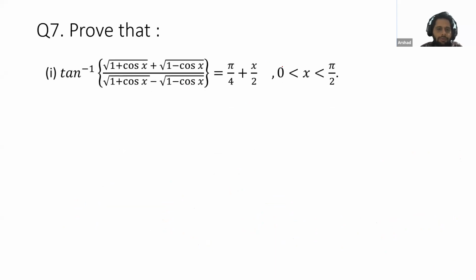Now next one. Next question is, we need to prove this one. This is equal to pi by 4 plus x by 2. So please check here, how can we prove this question? This is tan inverse. Here in the bracket, we already have the trigonometric ratio, so there is no need to substitute anything here.